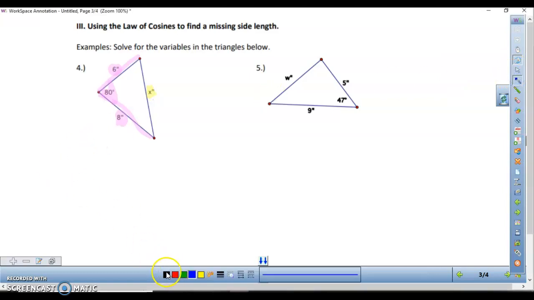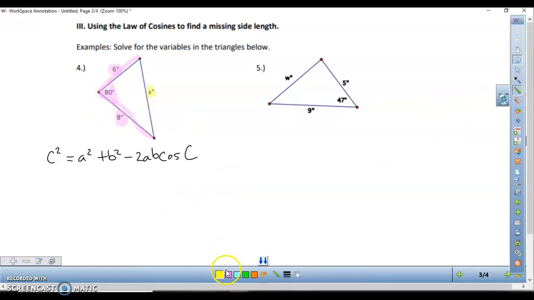So here's my formula. c squared equals a squared plus b squared minus 2ab times the cosine of C. What I'm going to plug in for the side, angle, side stuff goes on this right side for A and B, and then the big angle C. And the little x that I'm solving for is going to be my little c right here.